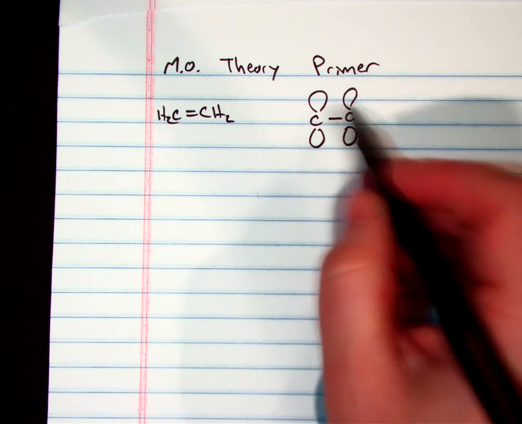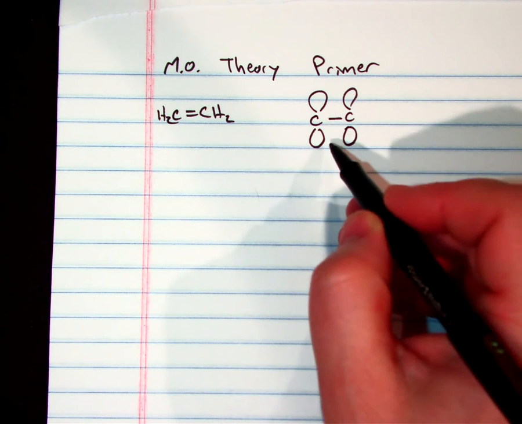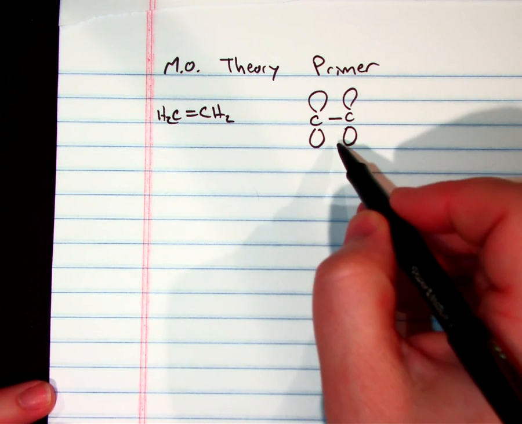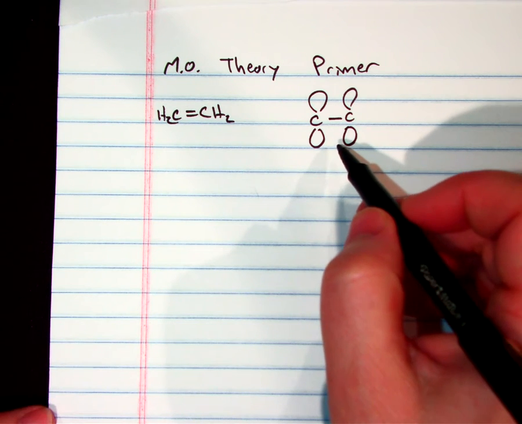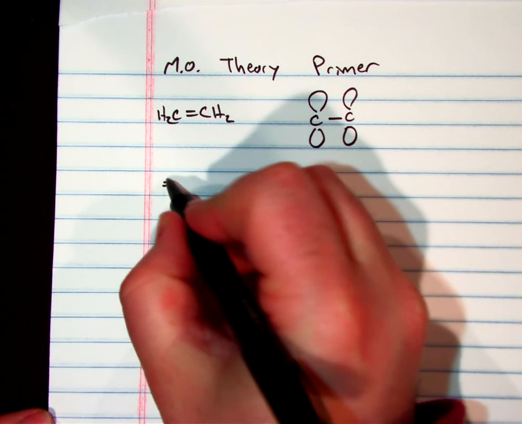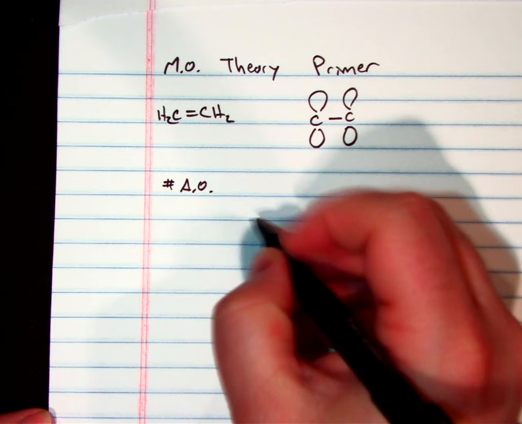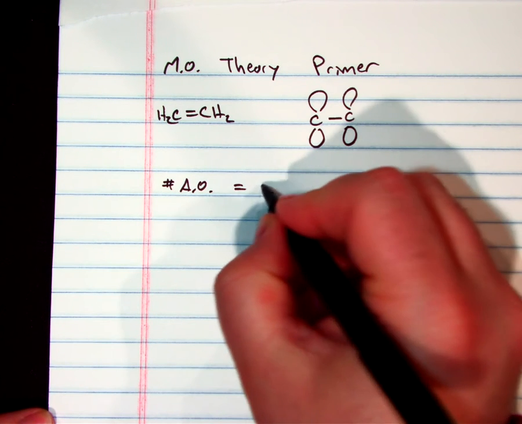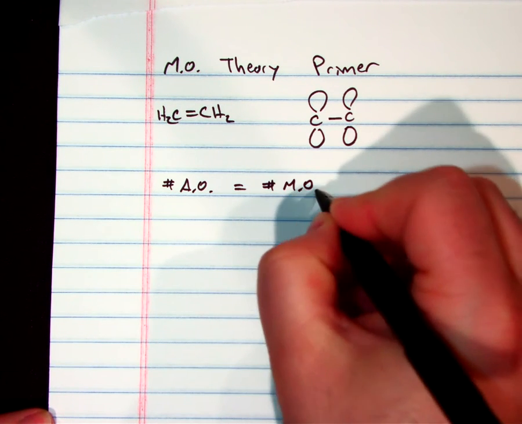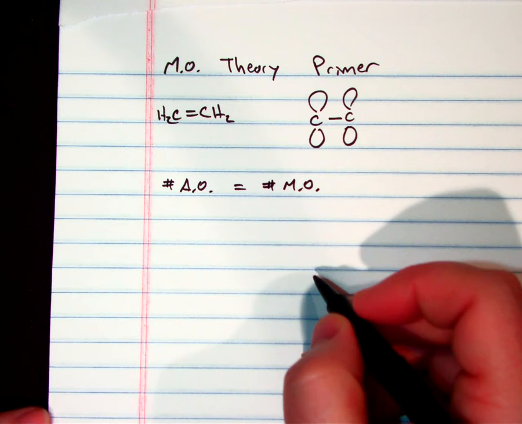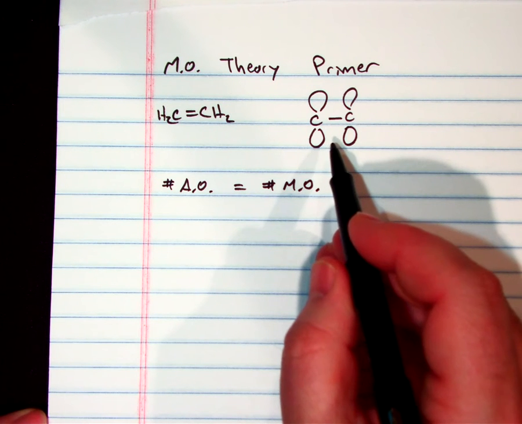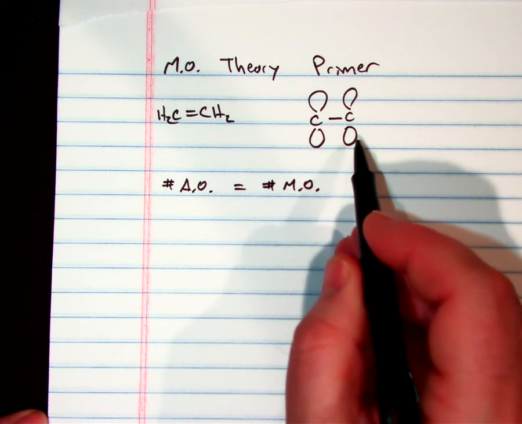But if we want to try to describe what's happening here, instead of using the atomic orbitals, we can use something called molecular orbitals. And one thing we have to remember is the number of atomic orbitals that we start off with in the system is equal to the number of molecular orbitals that we're going to end up with. So in the case of something simple like ethylene, we have two p orbitals.